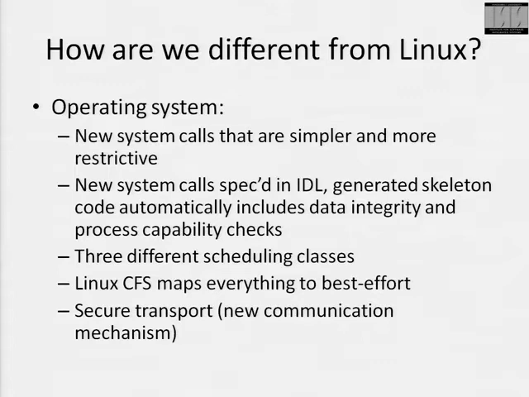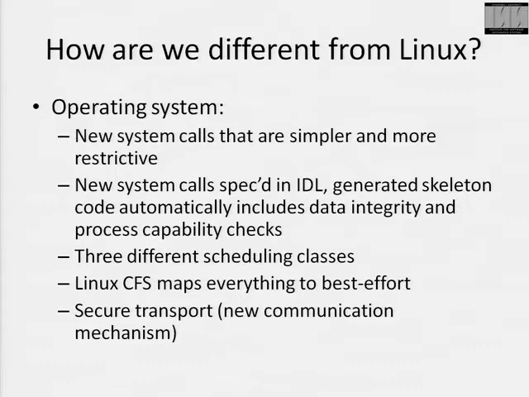For the operating system, we added new system calls that we thought were simpler and more restrictive. For instance, we would restrict some of the low-level futex operations. So the low-level locking that's provided by your C library usually might not be able to utilize all the types of locks that it previously did.